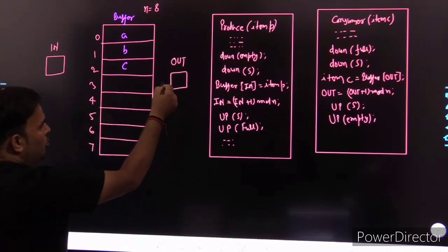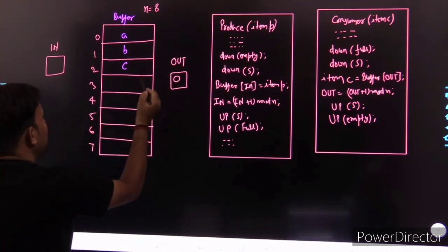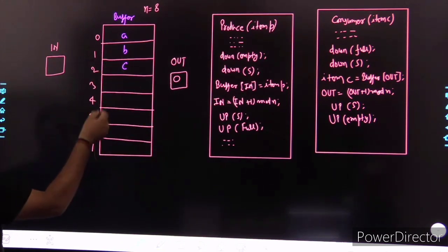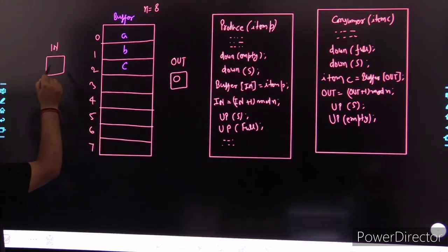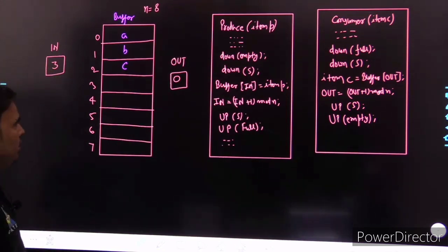So the consumer can consume from slot 0, and the producer can produce the next item at slot number 3.